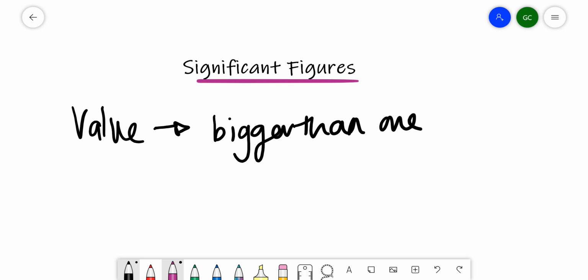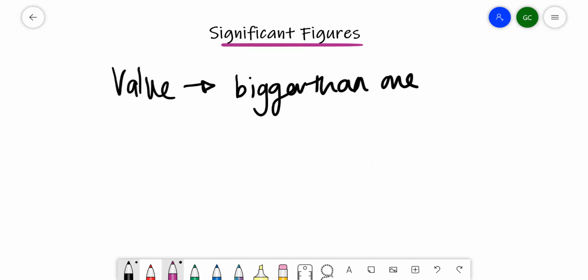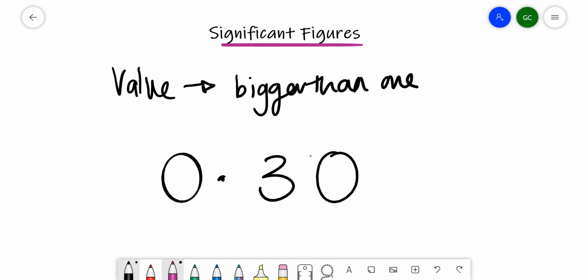Secondly, we need to discuss when a 0 can be classified as significant. Now, I hope you remember that when we have a question like this, which 0 in this number is significant? Think about it now for 3 seconds, and then I will explain the answer.